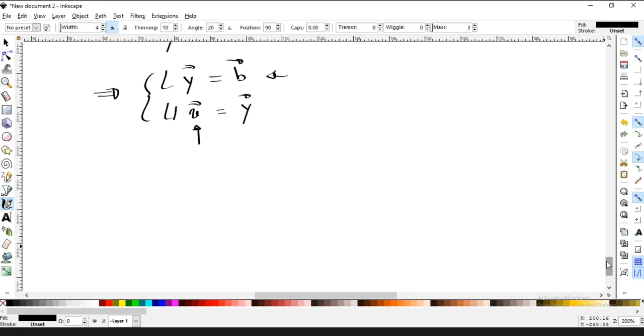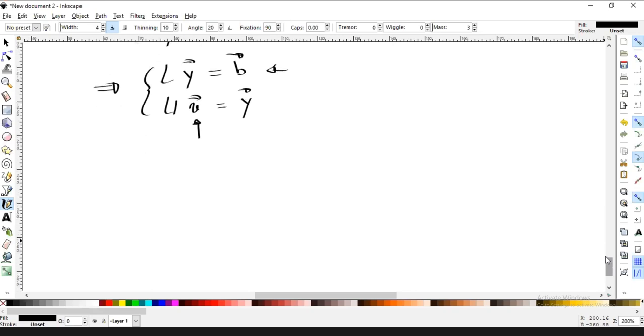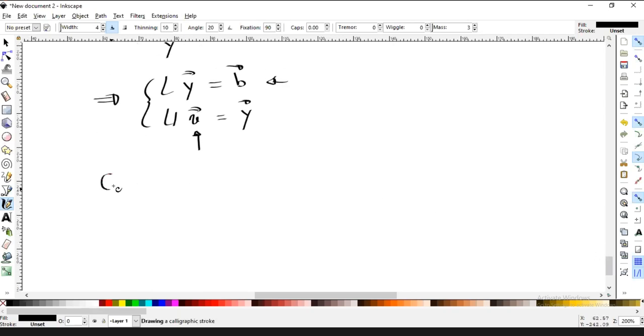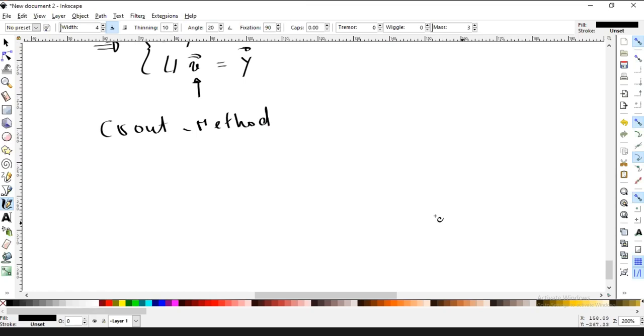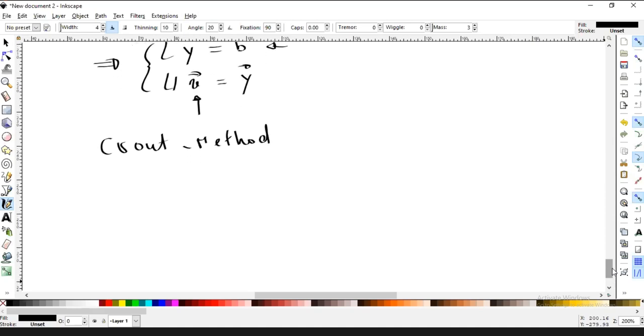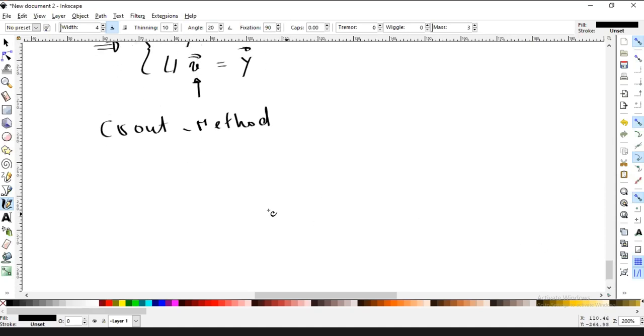So there are several methods. First of all, the Crout method. The Crout method consists of expressing the matrix L, the lower triangular, taking it with 1 on the diagonal. Why?